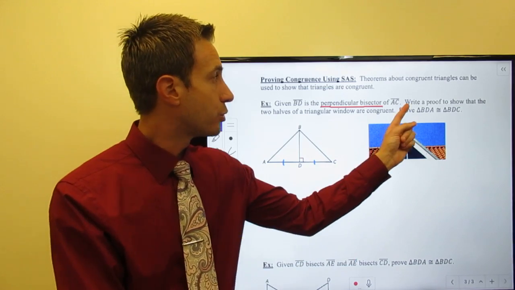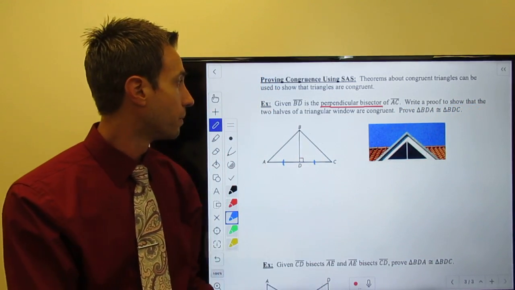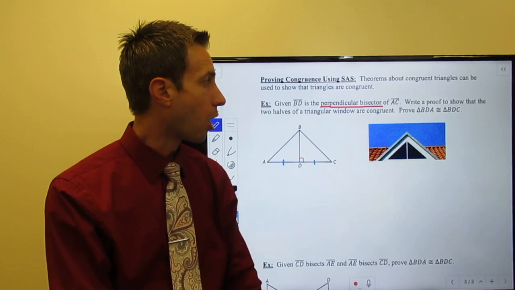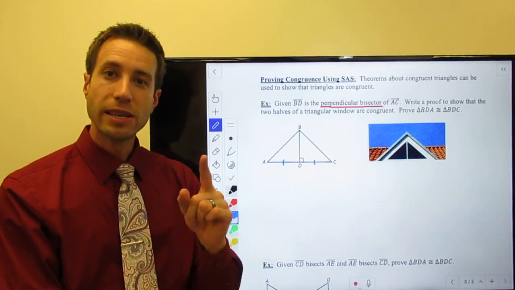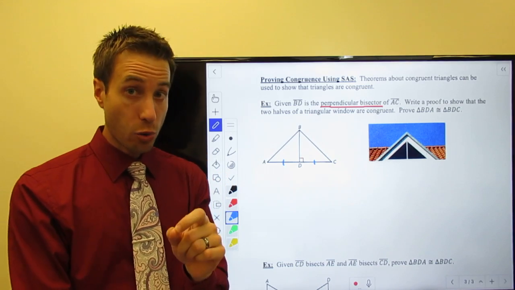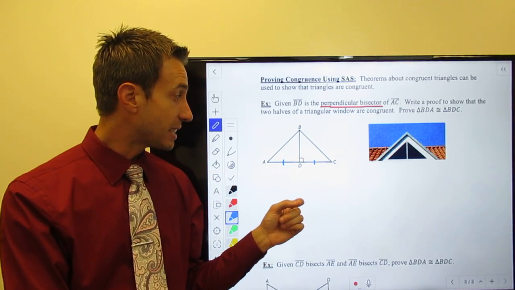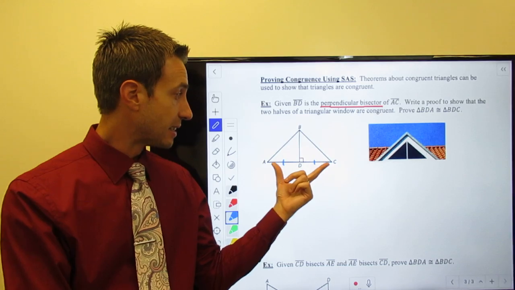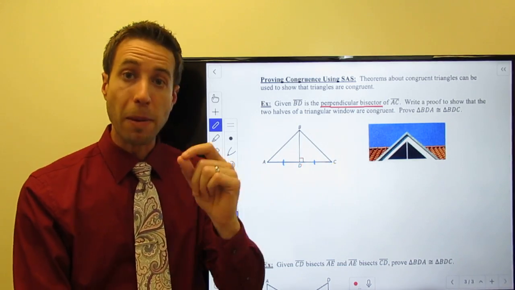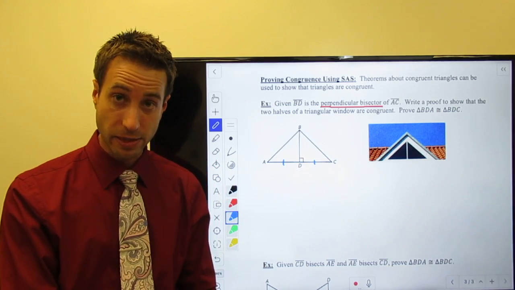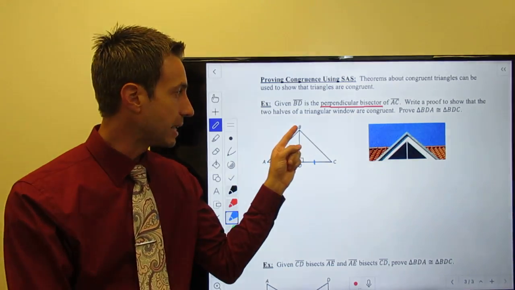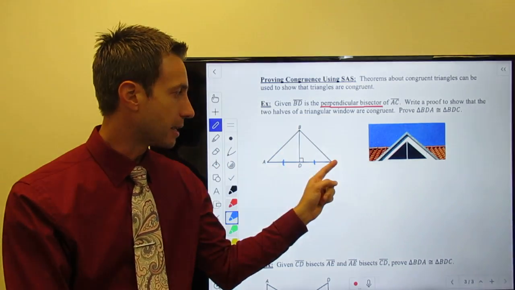Fantastic. I want you to write a proof to show that the 2 halves of a triangular window are congruent. Now, perpendicular bisector, not only does it mean that these 2, AD and DC, are congruent, but bisector also means that BD does what to angle ABC?